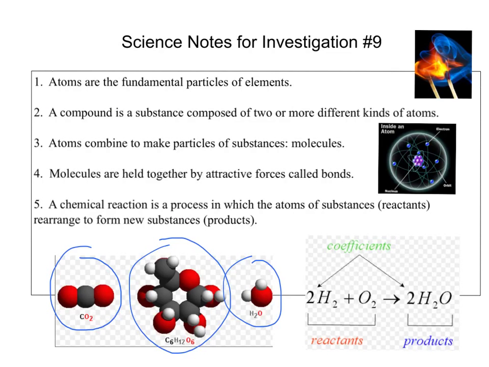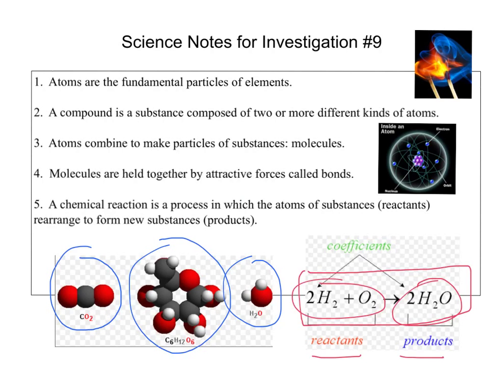Over here, this is an example of a chemical equation. And what goes in on this side, the number of atoms will match the number of atoms that come out the other side. So we have the reactants and the products, and we'll look at this closely in class.